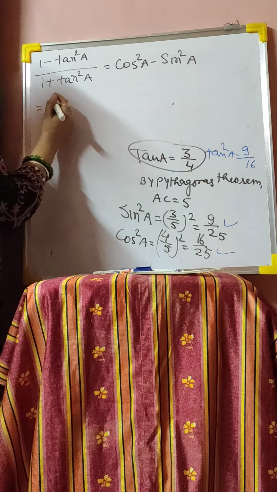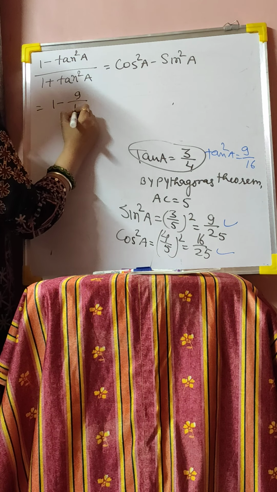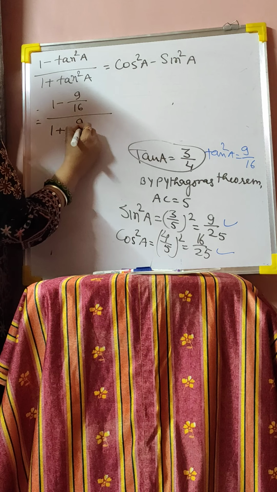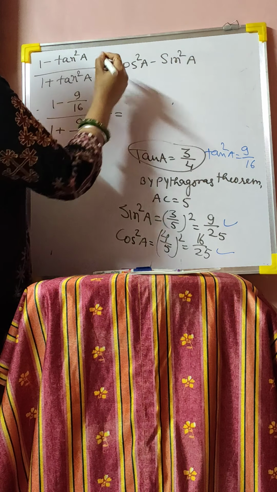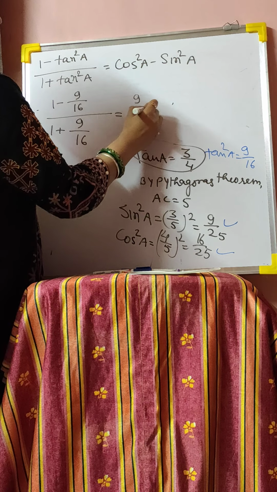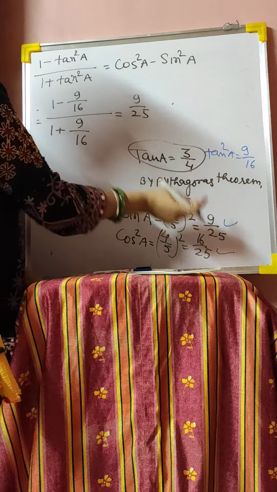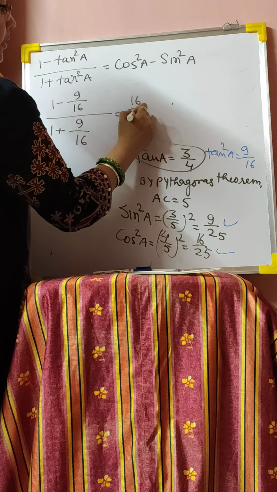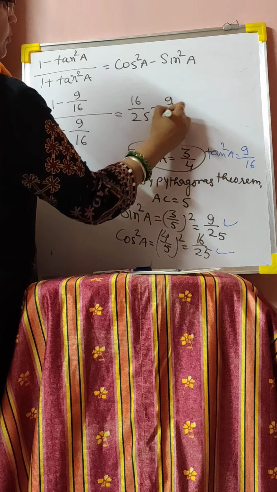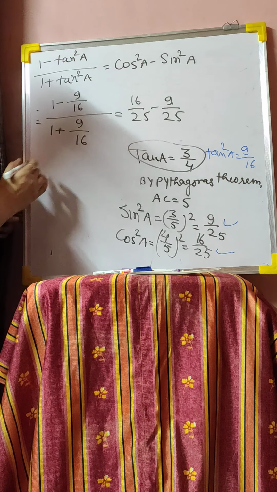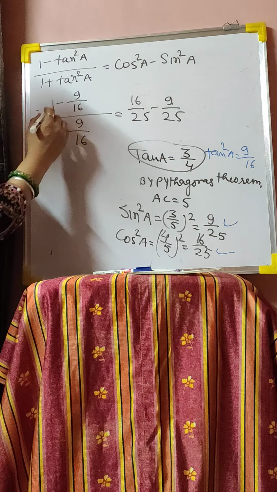Tan square is 9 by 16, so 1 minus 9 by 16 divided by 1 plus 9 by 16. Then cos square A is 16 by 25 and sin square A is 9 by 25. Please don't square again, we have already squared. Okay? Let's go.